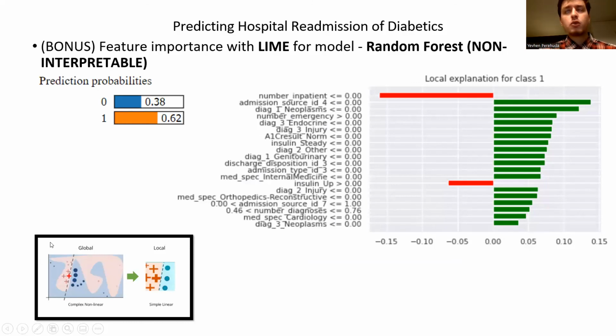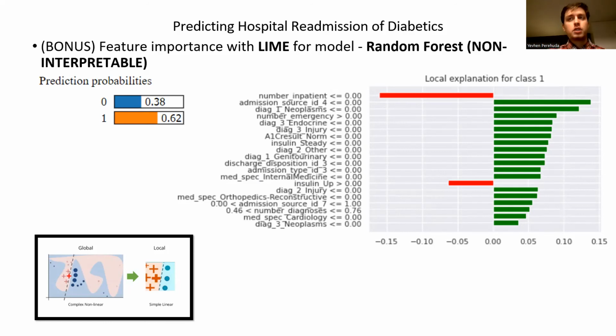For our best model, random forest, it's especially harder to find the feature importance because it is a non-interpretable model. So we decided to apply the LIME method to find which features are most important and most essential. This method is based on local explanation, so we're explaining each data instance separately.